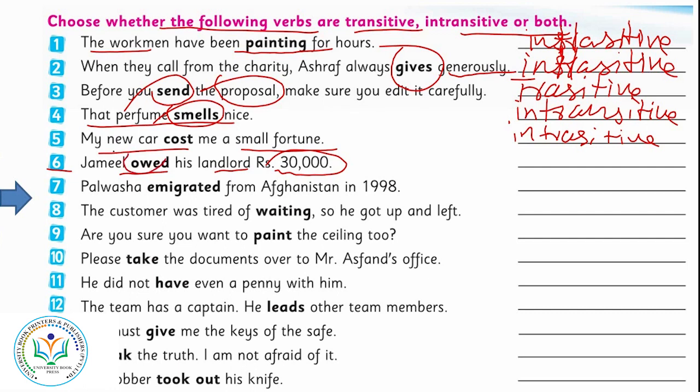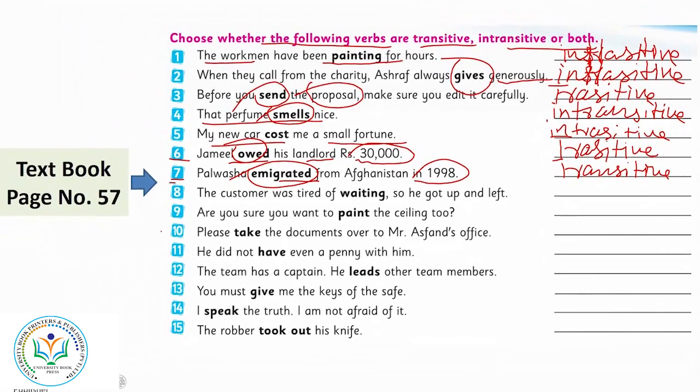Owed is a transitive verb here. Seventh one, Palwa Shah immigrated from Afghanistan in 1998. We have an object here, so this is again the transitive here. I want you to do these remaining sentences by yourself.